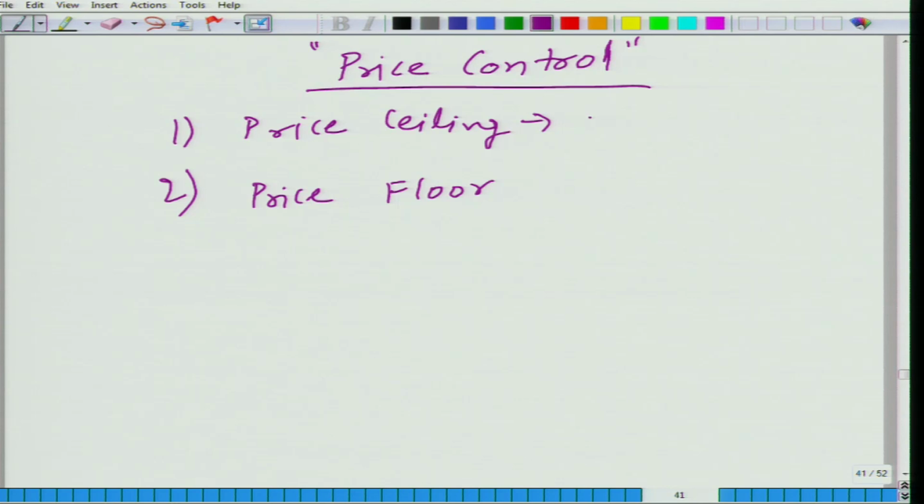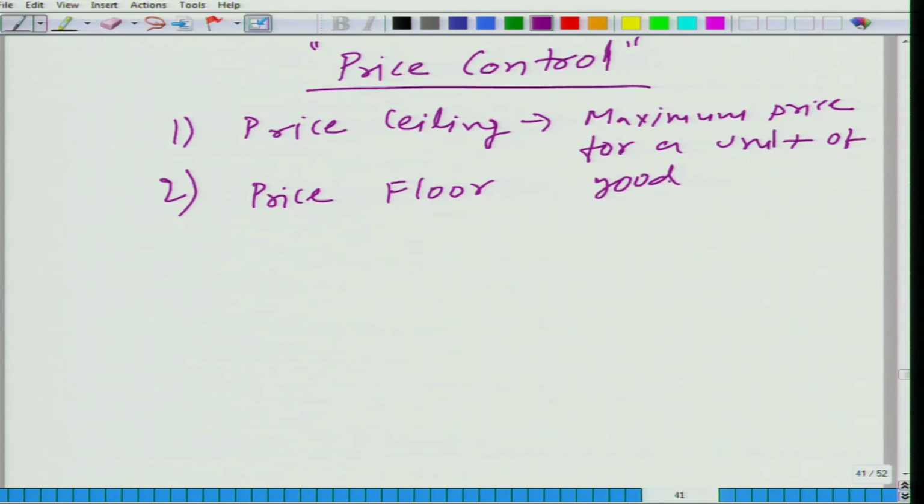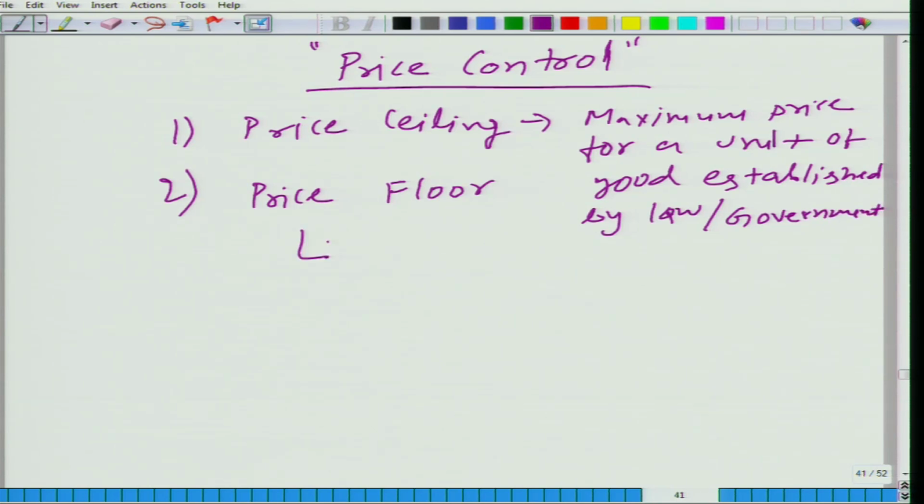We can define price ceiling as the maximum price for a unit of good established by law or by government. And similarly, price floor is the minimum price.